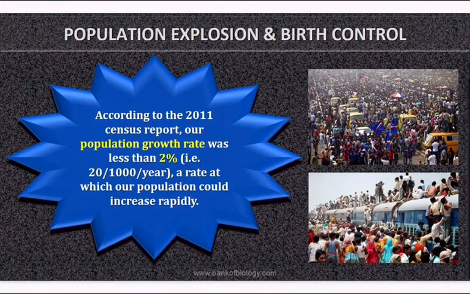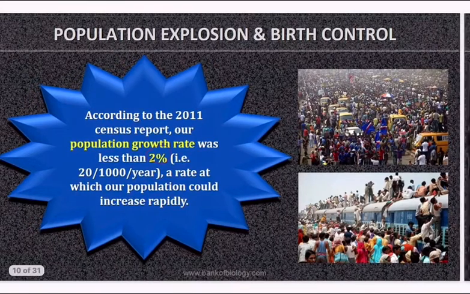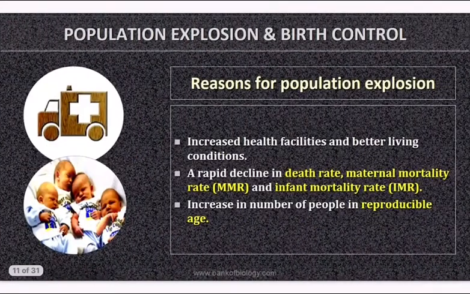Look at that. Population wise, every 6th person in the world is an Indian. According to the 2011 census report, our population growth rate was less than 2%. That is 20 per 1000 in a year, a rate at which our population could increase rapidly. This 2% is too much, very, very costly.